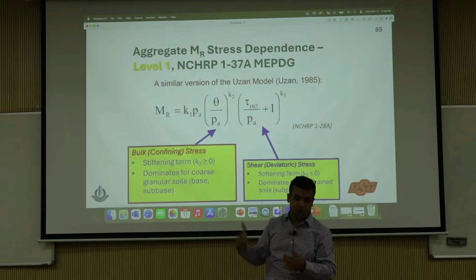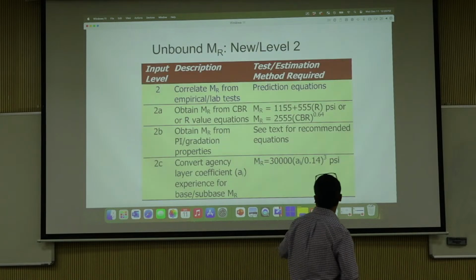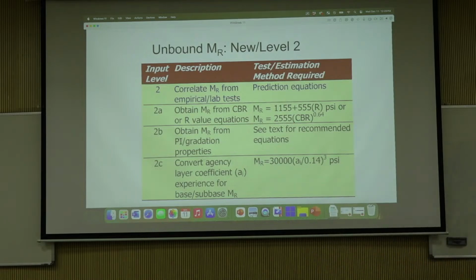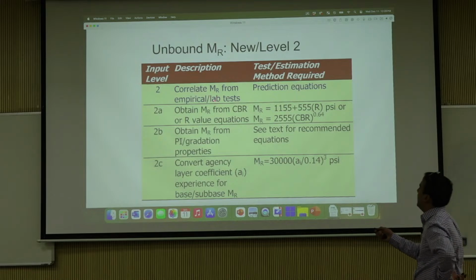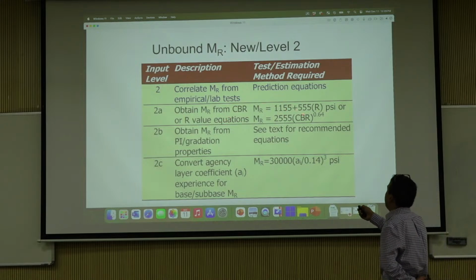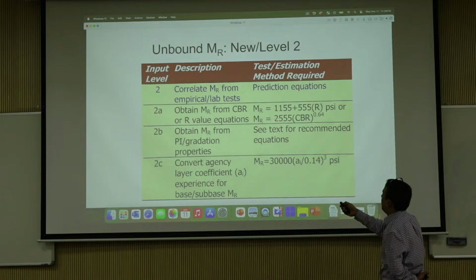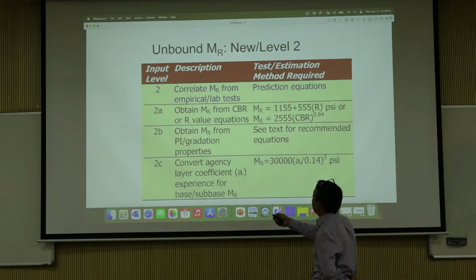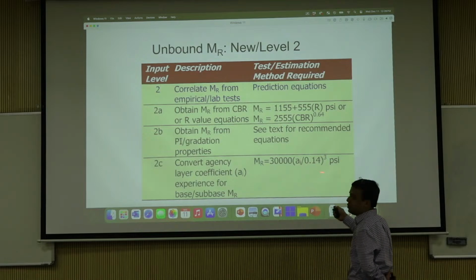Straightforward, right? We should be able to fit models. Level 2 design, right? What is level 2? We have something else and we are going to predict, right? So correlate from empirical lab tests: obtain MR from CBR, which is 2555 CBR raised to the power 0.64, obtain MR from PI or gradation properties, convert agency layer coefficient into this, and so on.